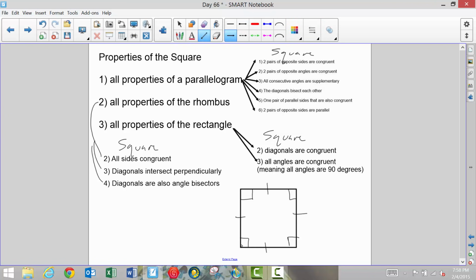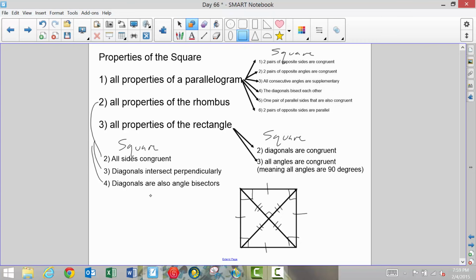I also know if I draw in my square diagonals, I know that all these parts are also equal in a square. I know that they also meet at 90 degrees. So I know the intersection of the diagonals in a square is also 90 degrees. So those are the properties of the square.